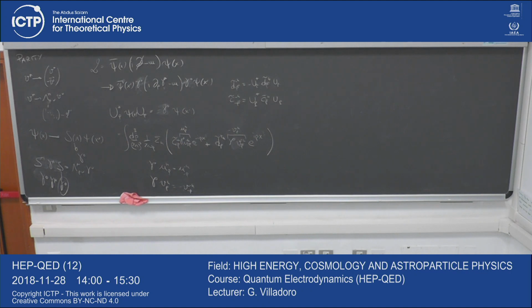Yeah, yeah. At the end, parity is just acting on the space component, right? So then you can just use the SO(3) rotations, and everything that was valid for 3-vectors of SO(3) will be valid here. So this is really the implementation of the usual parity in this theory.